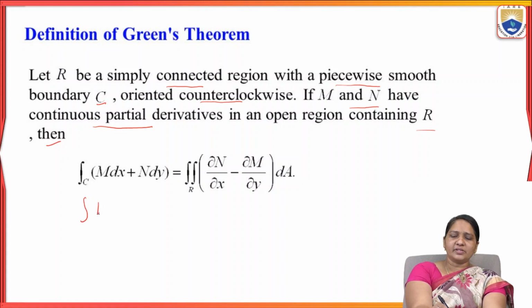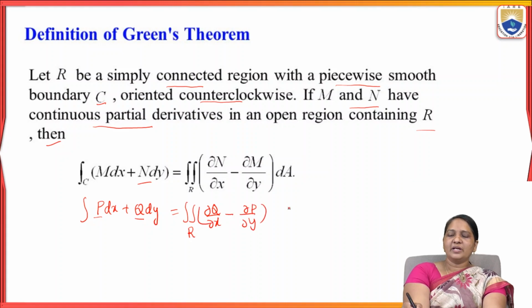In some textbooks they denote it as P dx plus Q dy, so in place of M and N we have capital P and capital Q, and the double integral over R of dou Q by dou x minus dou P by dou y dA, meaning dx dy.